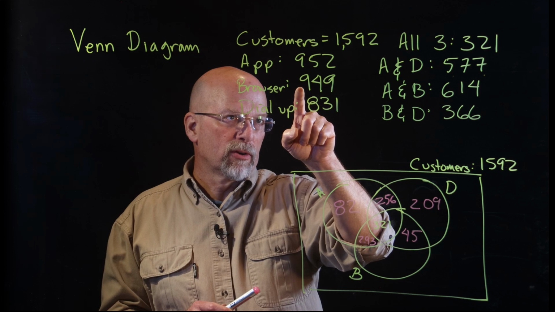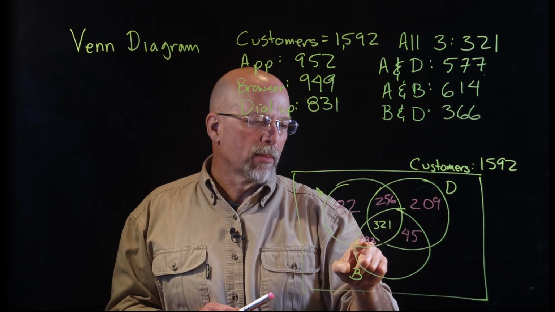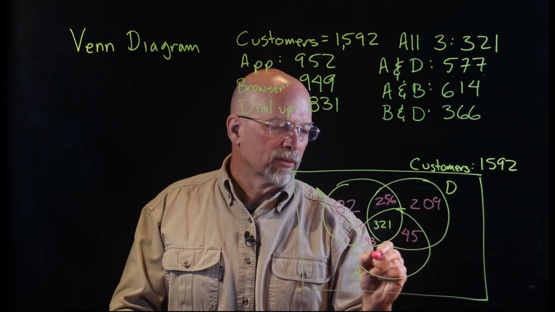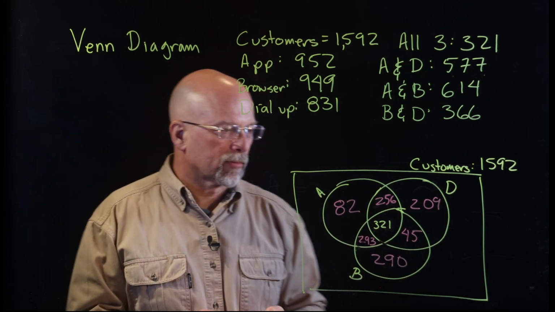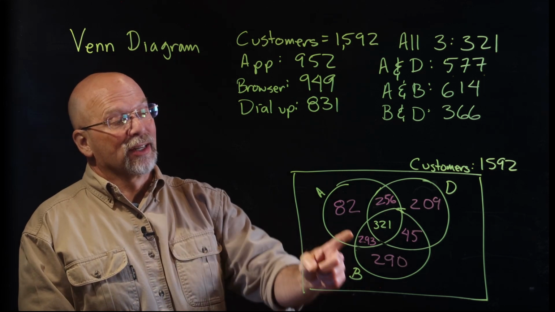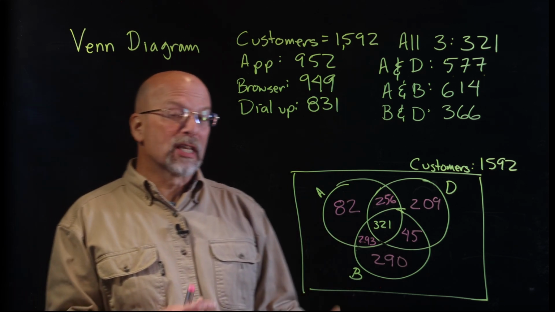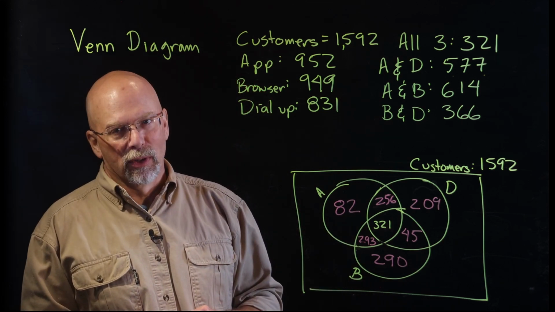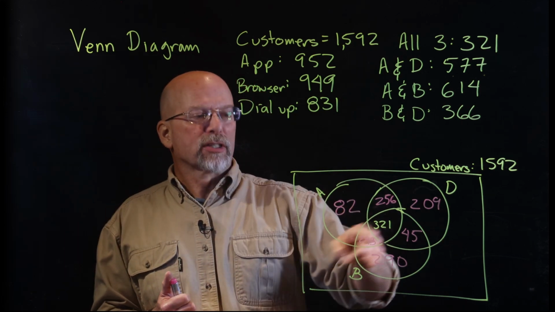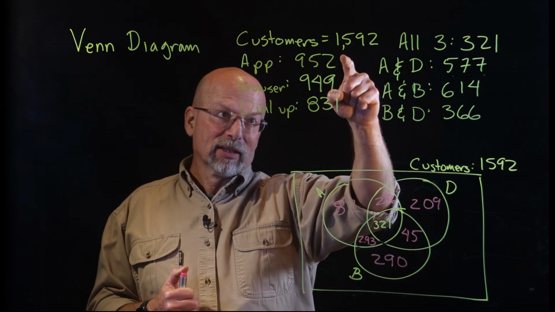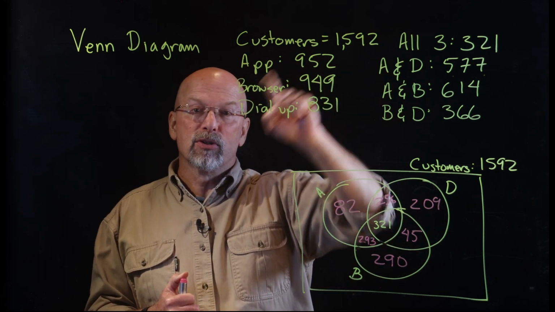Well, that's 949 minus the sum of 293, 321, and 45, and that gives you 290. All right. So by a long shot, it looks like the users that have only used the application is the low number. So it looks like the one we're going to cut support for is the application. Actually, but look at this. It was actually the one that people use the most.